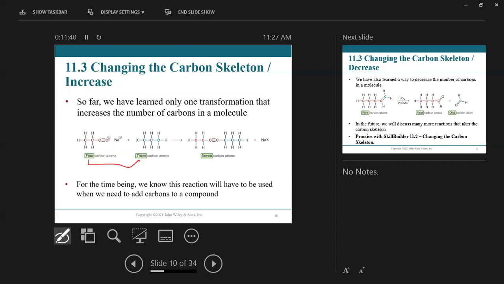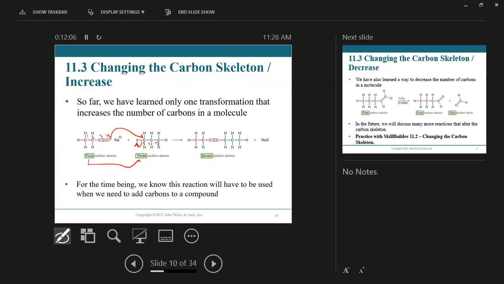We have 4 to 3 to 7. We're changing the number of carbons. For the time being, we know this reaction will have to be used when we need to add carbons to a compound. How does this work? So then we have 1, 2, 3, 4, 7.